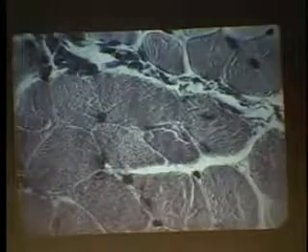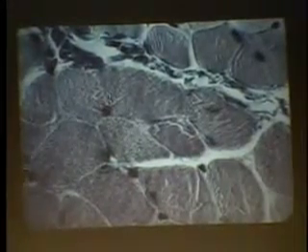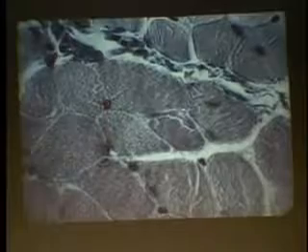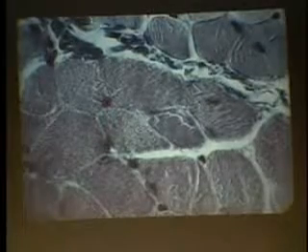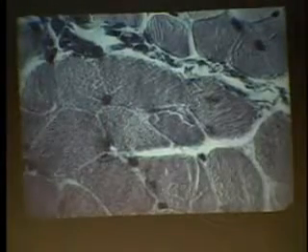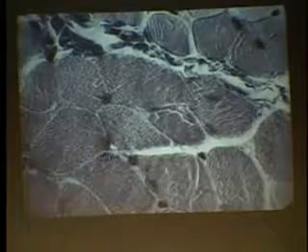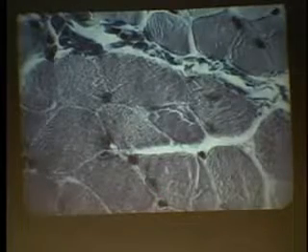Your I bands are in between. In the next one, what is this? Showing a nucleus in cross-section peripherally. What kind of muscle? Skeletal. This is skeletal muscle in cross-section.